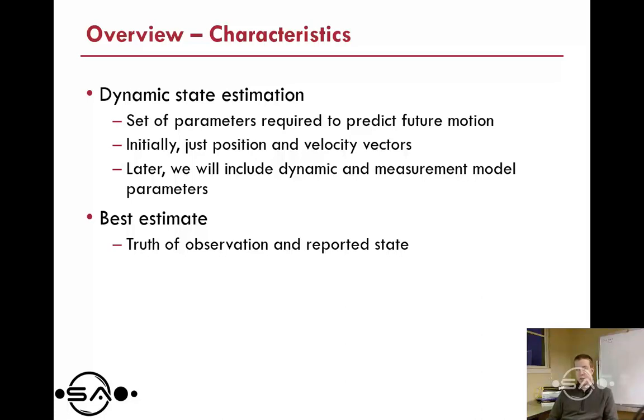Later we'll include the dynamic and measurement model parameters in our estimation in order to give us a better estimate. And really all we're trying to do here, by taking that set of parameters, is get the best estimate of essentially what our true value is from the observation and the reported state.